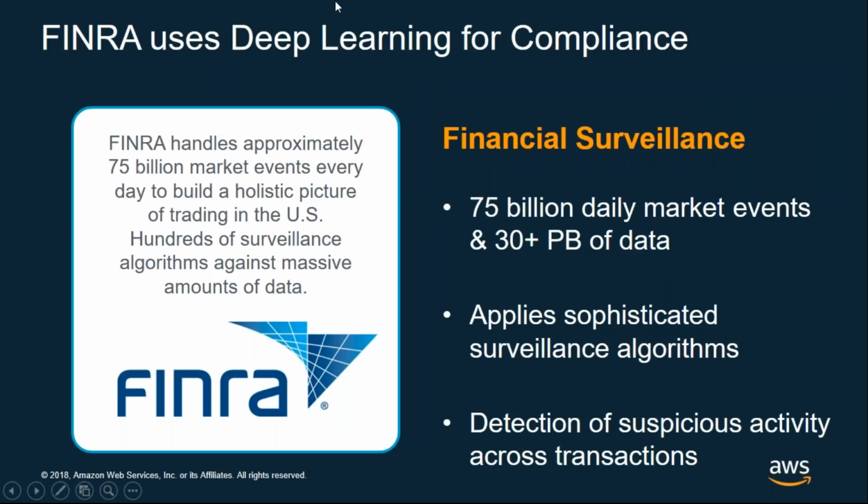A really good example of a customer to help inform what's possible with these machine learning and large data sets is the example of FINRA. This comes to us from the financial services segment. For those of you that aren't familiar with FINRA, I personally didn't know them before AWS started working with them back in around 2012. But essentially FINRA is the surveillance and regulatory body that monitors every equities and options trade in the United States that happens on US soil.